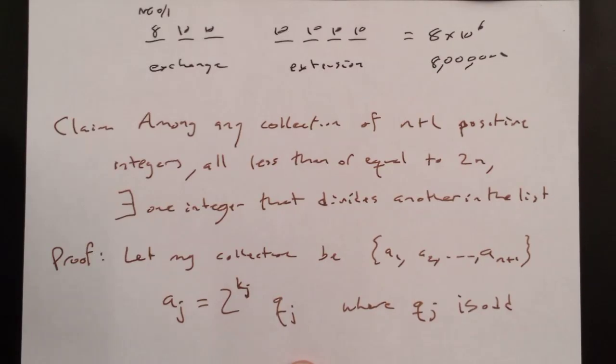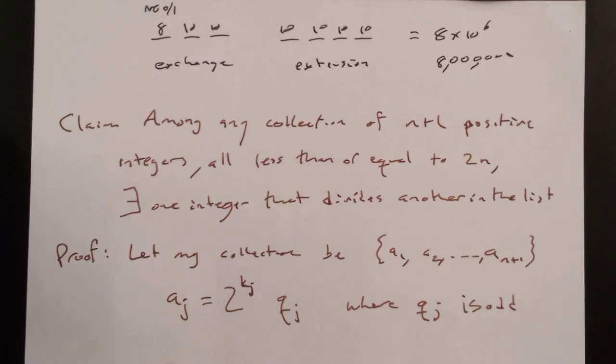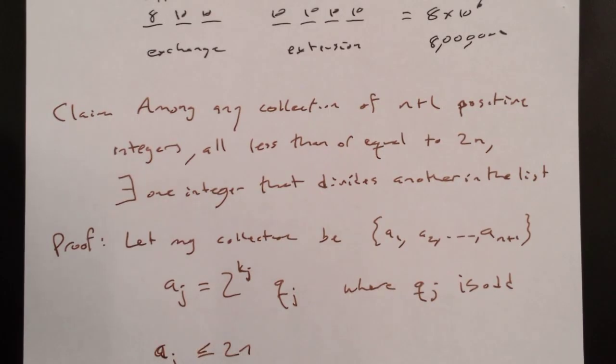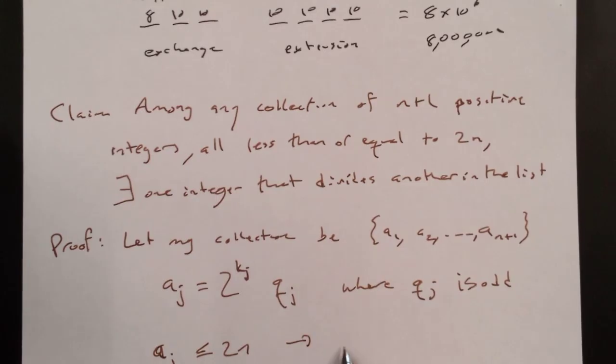What's more, I know these numbers Aj are all less than or equal to 2n. Well, that means that Qj is less than or equal to 2n, and Qj is odd.